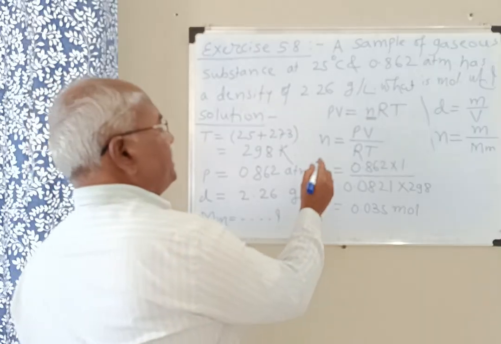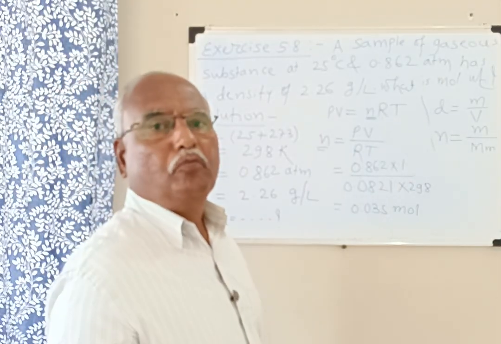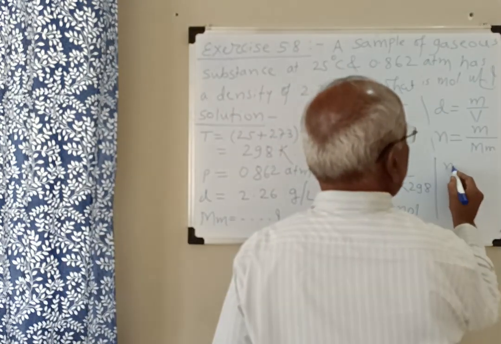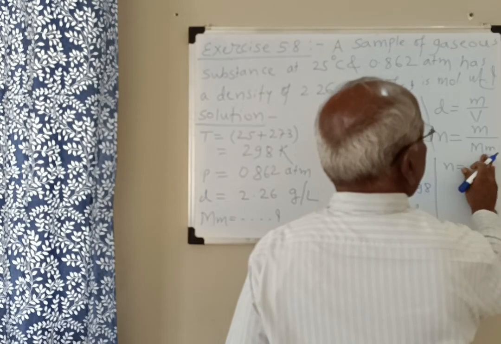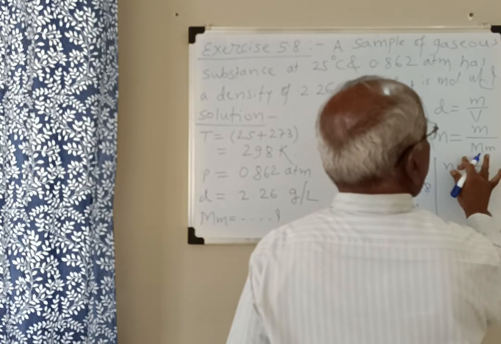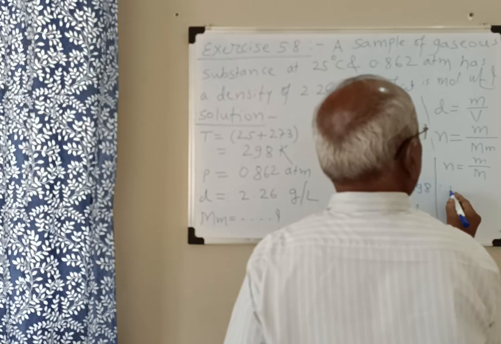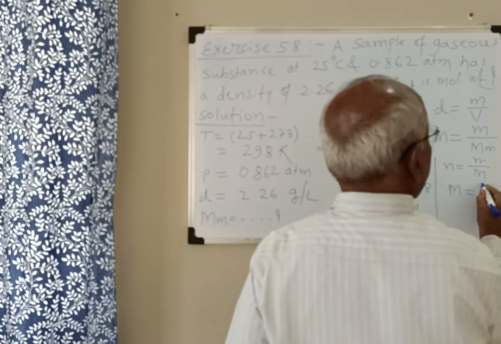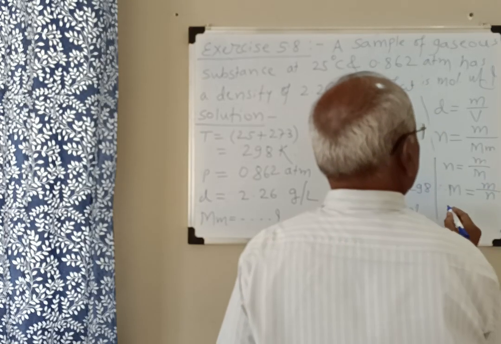We have calculated the number of moles. We have to calculate the molar mass. You know the relation n is equal to W upon M. Therefore, capital M, the molecular mass, is equal to small mass divided by n.